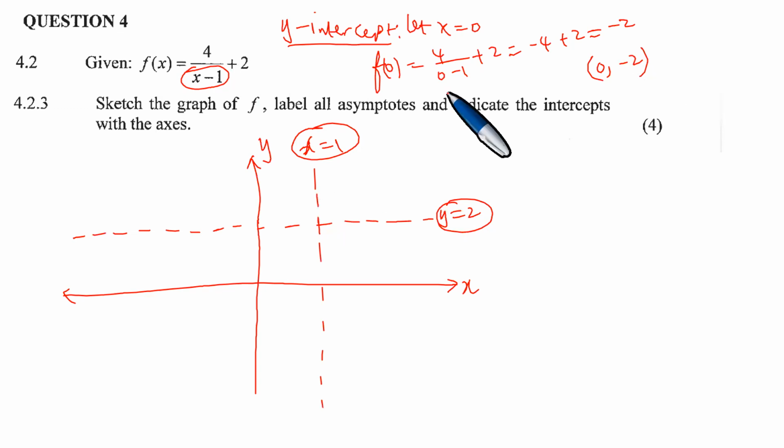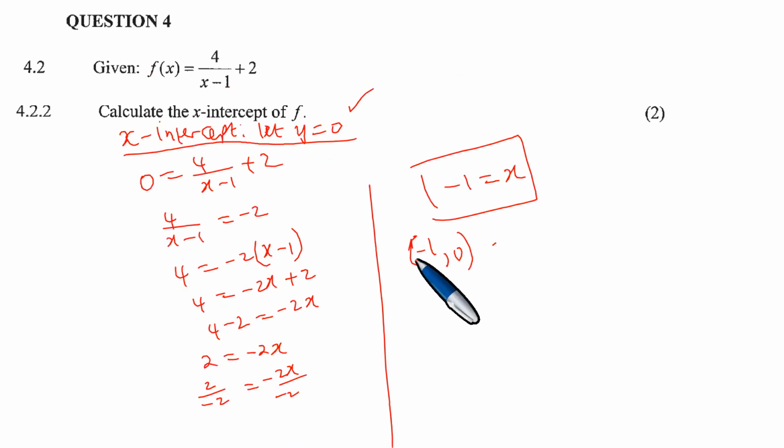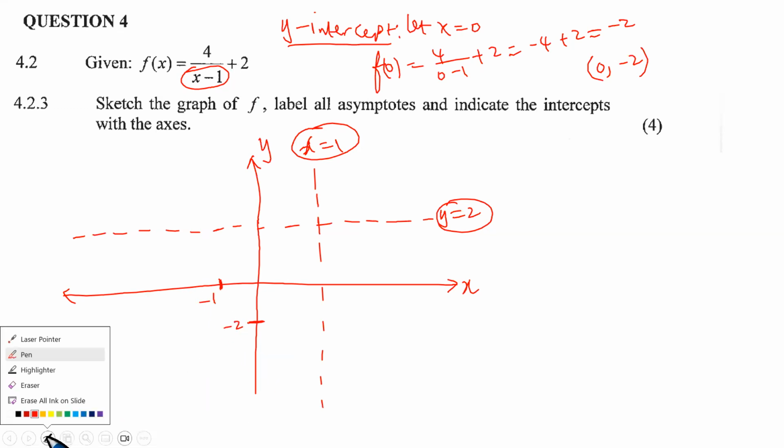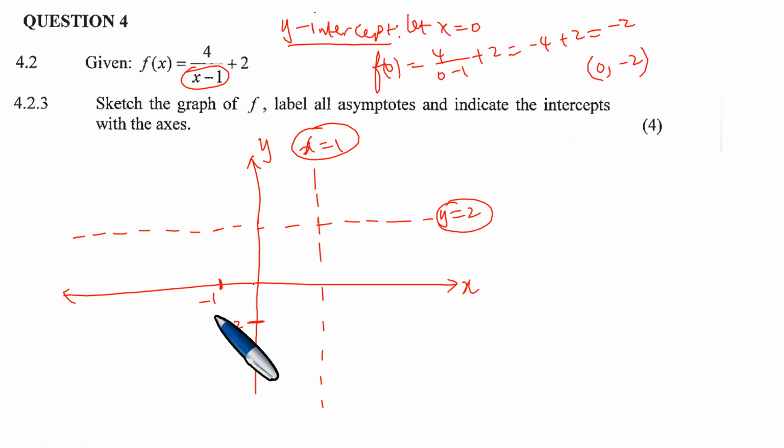We know that the y-intercept is at minus 2, and we got the x-intercept at minus 1. So now we can sketch the graph. To sketch this graph, it's going to be like this.